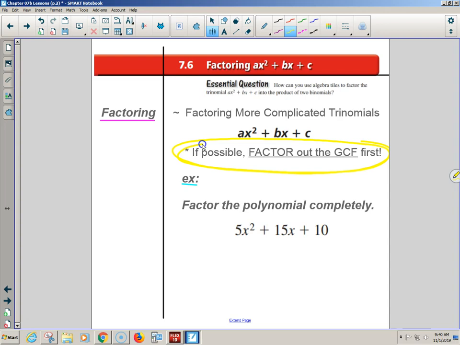For instance, like this one down below, do you see how there's a 5 in every single piece? Before we even start thinking about the box, we could pull the 5 out. Remember, dividing every piece by 5. We could pull the 5 out first before we ever start factoring. That's one thing that's going to show up. But because there's a number in front, that doesn't always help.